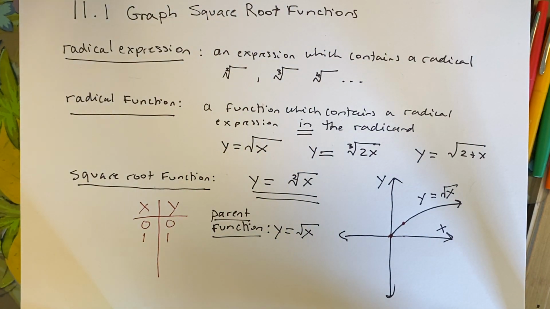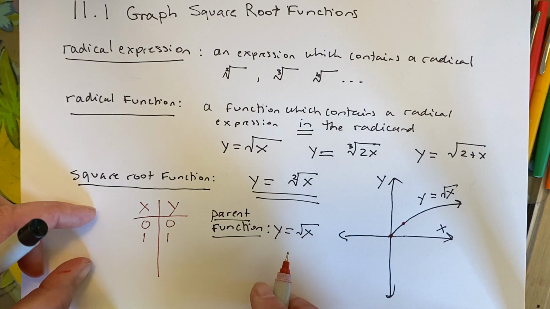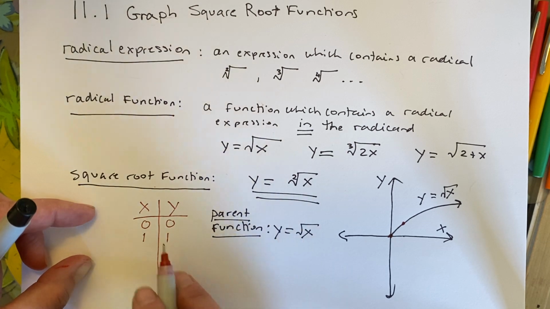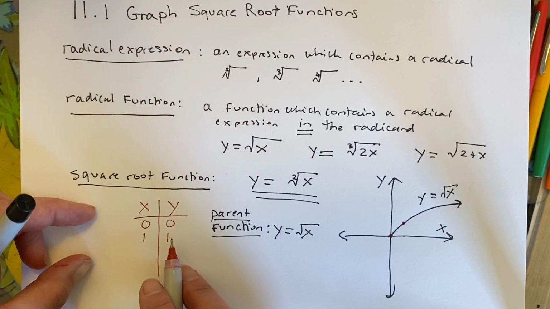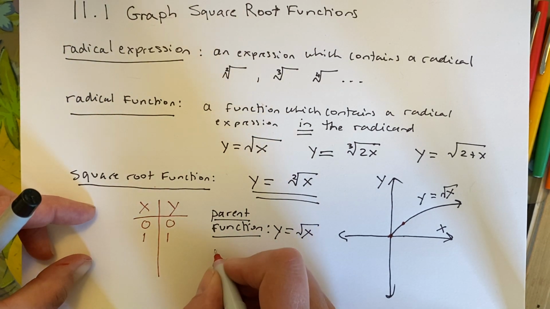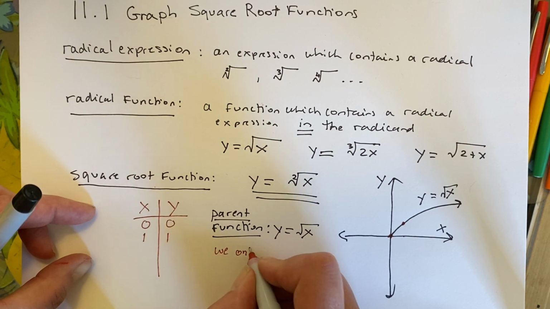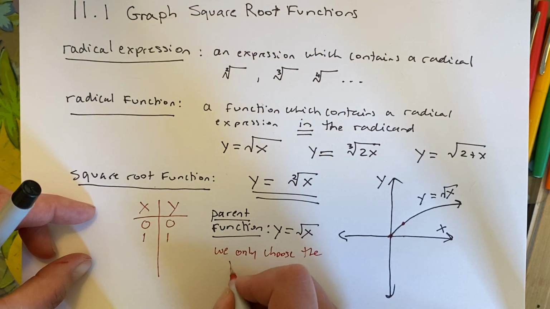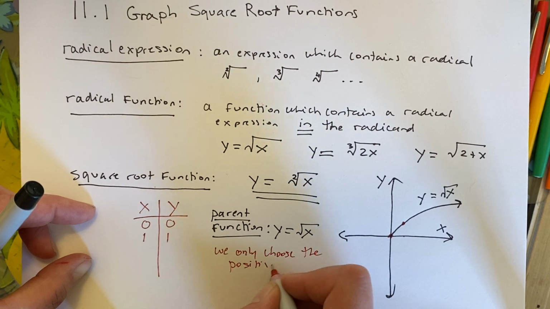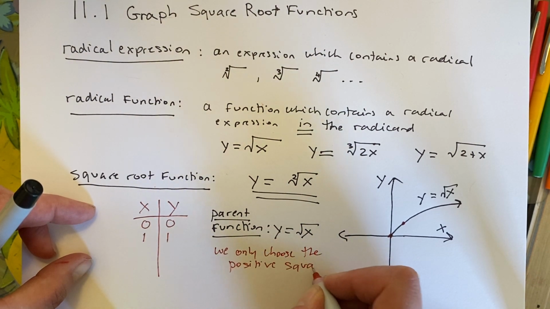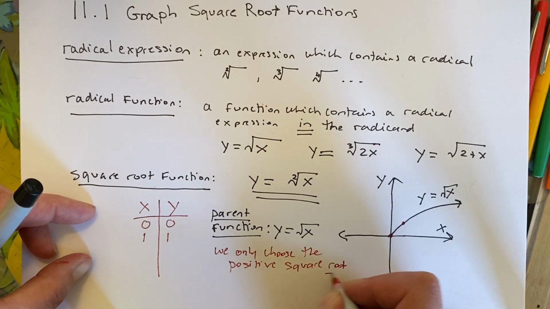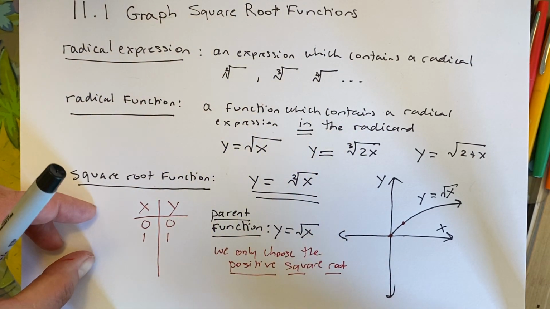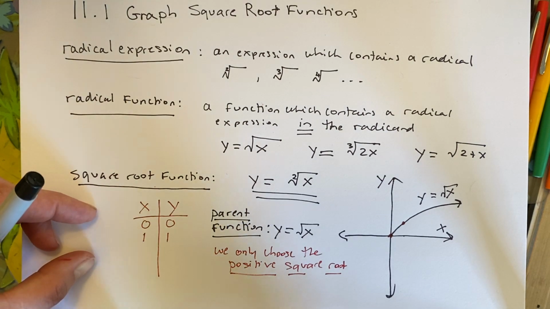What's really important about a square root function is that you know the square root of 1 is both +1 or -1, but we only choose the positive square root. Okay? We do not do the negative square root.